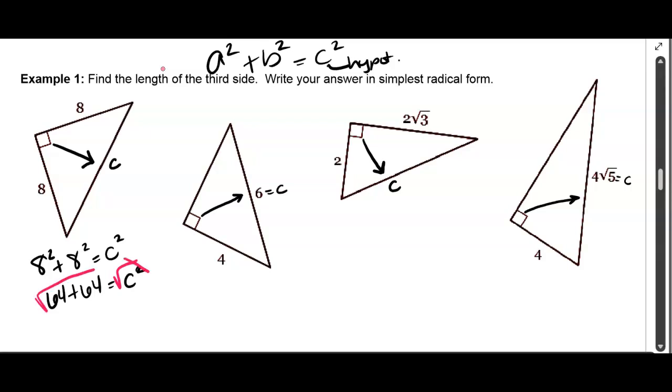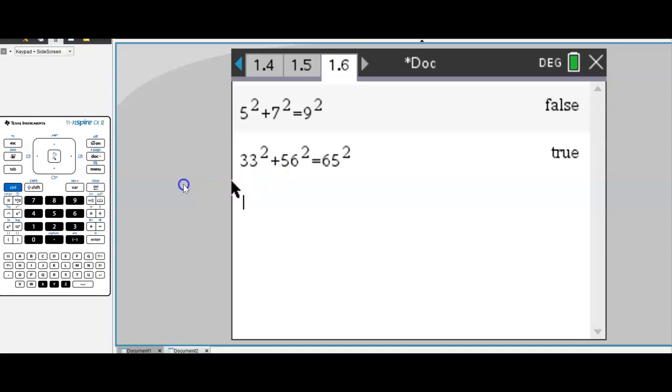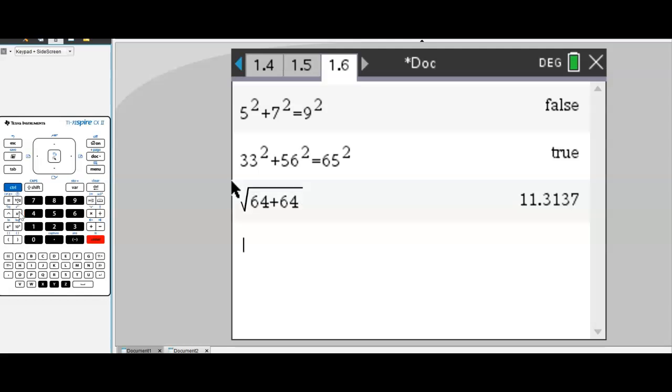Squares and square roots cancel out, which, notice, looks kind of like what we did for our distance formula. You can use your calculator for this if you want. So we're going to do the square root of 64 plus 64, which is about 11.3.